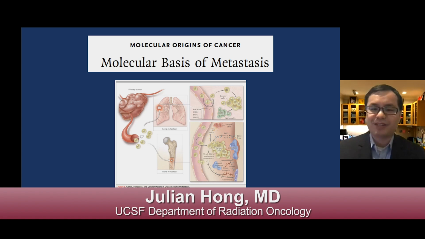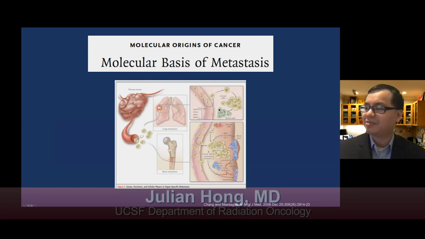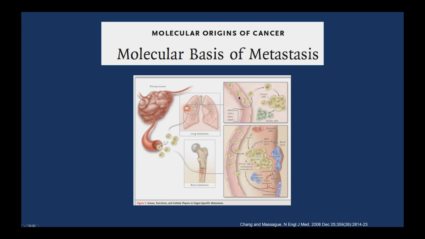For example, in situations where cancer cells migrate to the lung, these cancer cells typically have the ability to get through the blood vessel linings and then get into the lung tissue. Whereas metastatic disease going to the bone has other processes to allow it to form into, or survive in, areas of bone.